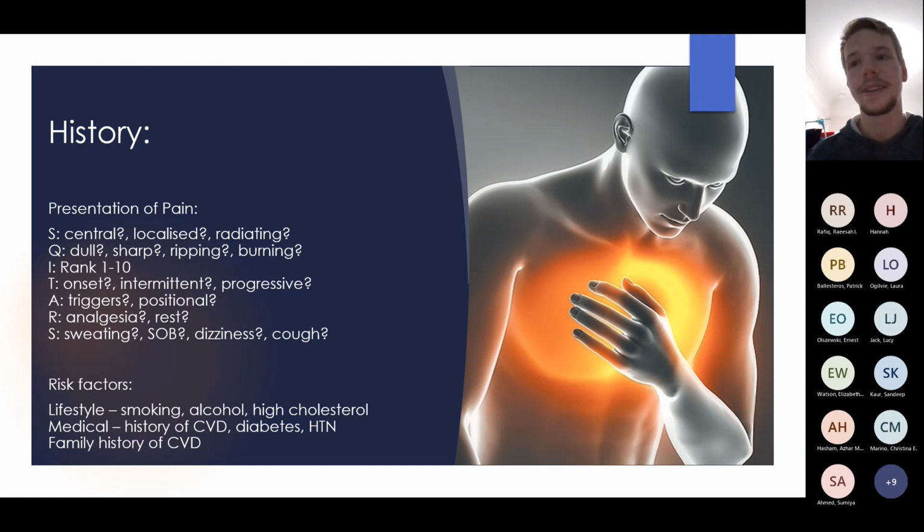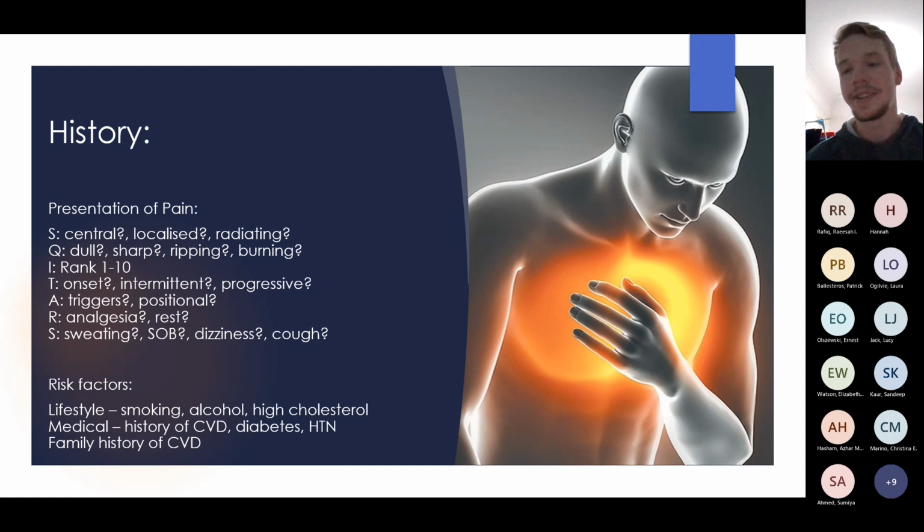And then in terms of Q, the quality, what sort of pain would you try to ask about? What would someone describe the pain as? Yeah, good.